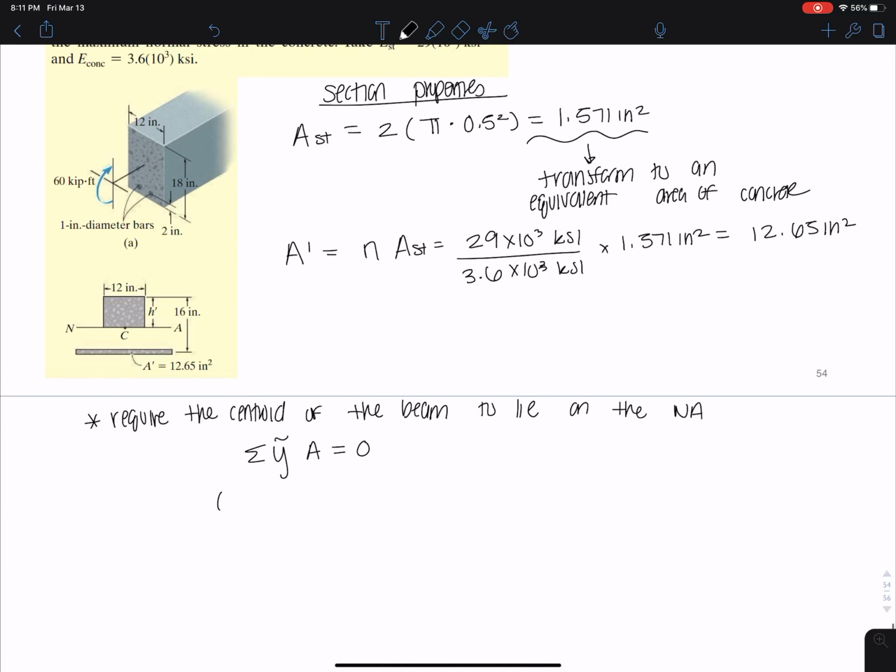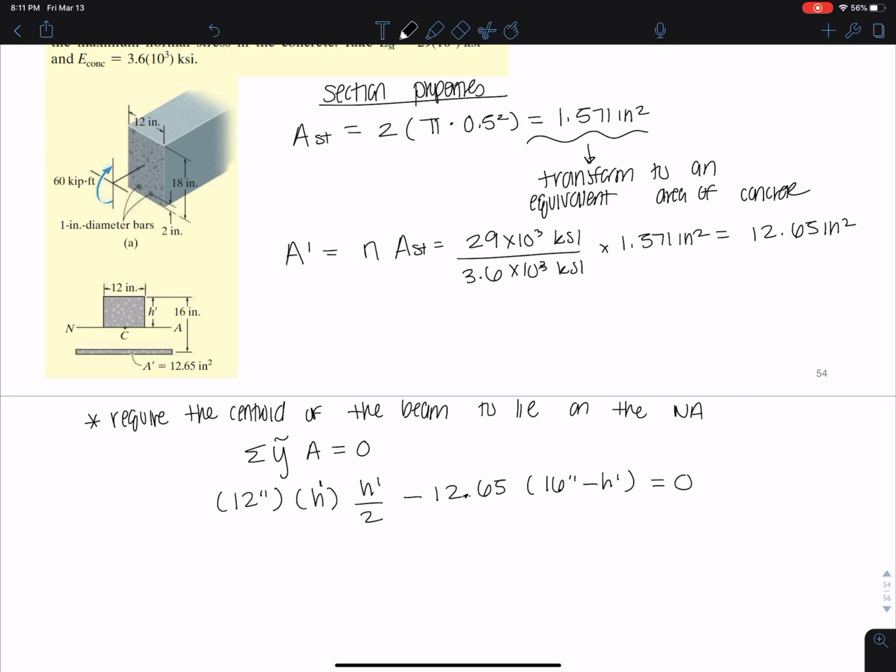So we would say that 12 inches times h prime, the location of my neutral axis, times h prime over 2, minus this equivalent area of steel turned into concrete times 16 inches minus h prime has to be 0.